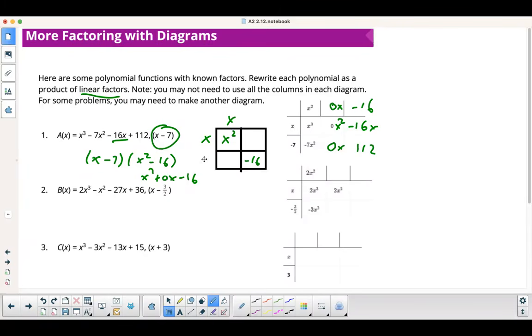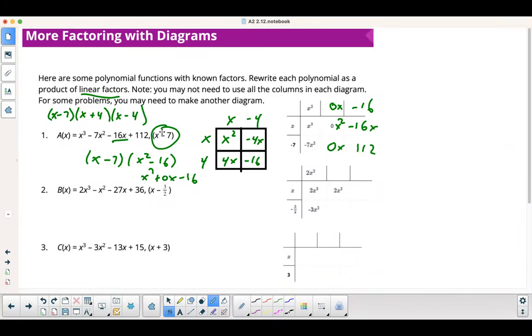If I did a 4 and -4, that would give me the -16. And then 4 times x and x times -4 will cancel out, giving us 0, which would give me x squared minus 16. So the final answer here, I'll put it right here: x minus 7, x plus 4, x minus 4.